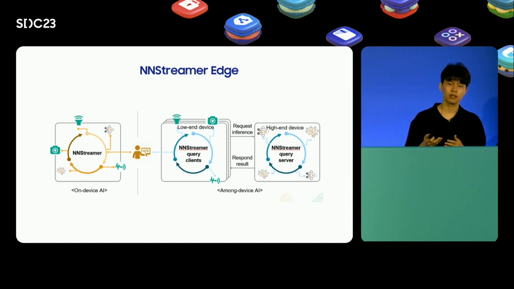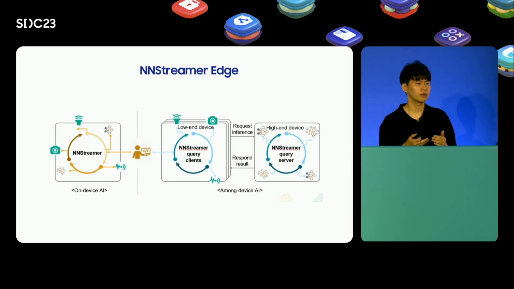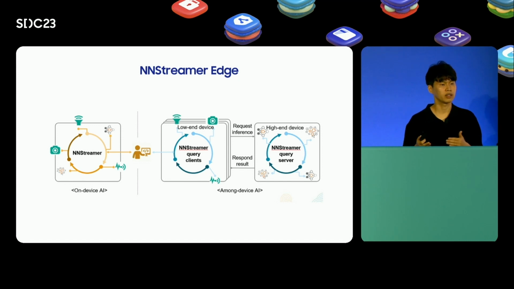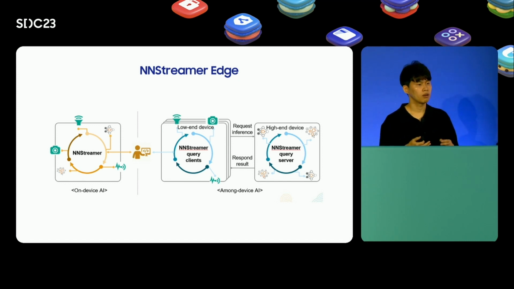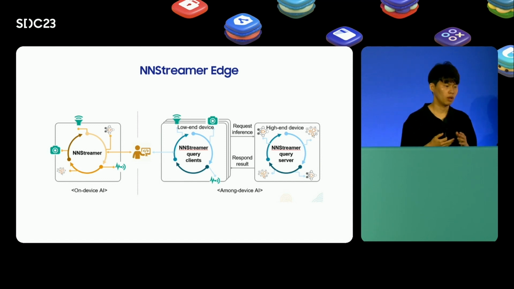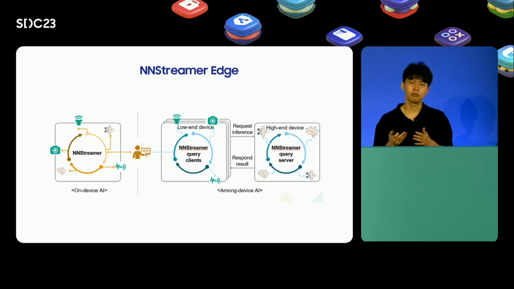So in this case, the low-end device will request model inference to the nearby user's high-end device. For instance, in the previous example, the wearable device offloads the model inference to the mobile phone. With NNStreamer Edge, you can easily implement among-device AI.